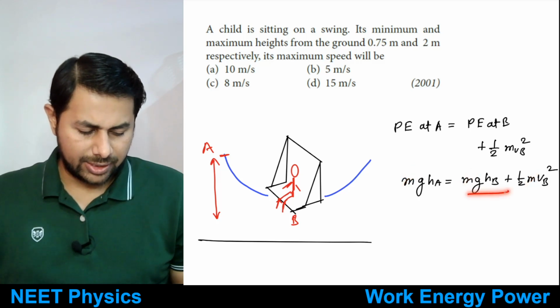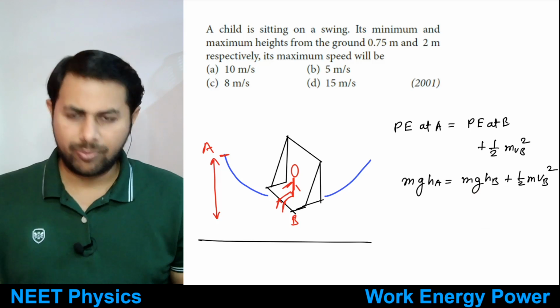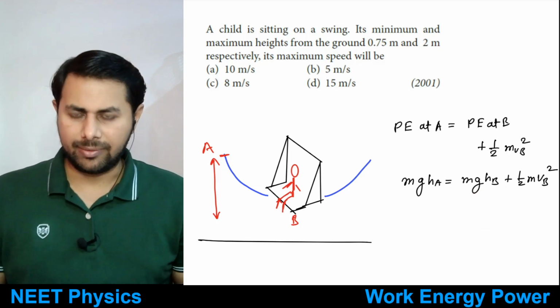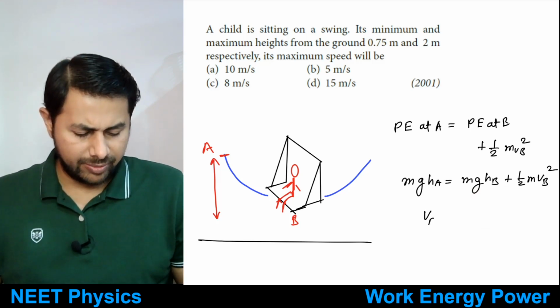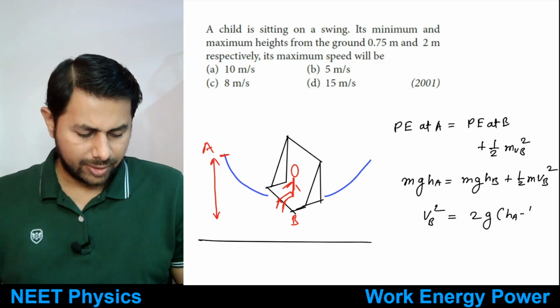Then you move the ghB to the other side, so you get half Vb square is g times ha minus hb. That means Vb square is equal to 2g times ha minus hb.